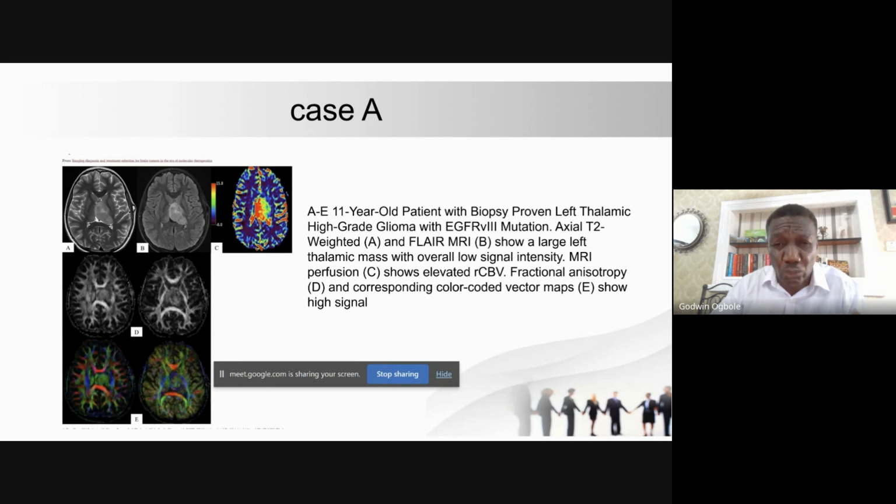Here is an 11-year-old patient with biopsy-proven thalamic high-grade glioma, and of course has an EGFR8 mutation. If you look closely, you'll see the conventional techniques, the T2 or the T1, and then the FLAIR imaging. And below, you will see tractography, which shows the white matter tracts, color-coded, from diffusion tensor imaging.